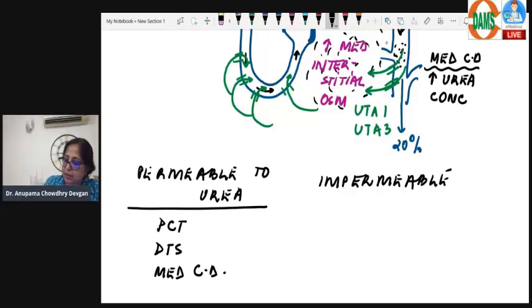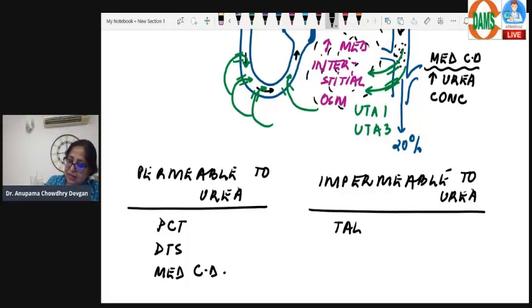Thick ascending limb, DCT, and cortical collecting duct, right? So permeable to urea: PCT, descending thin segment, medullary collecting duct. Impermeable to urea will be thick ascending limb, DCT, and the cortical collecting duct.